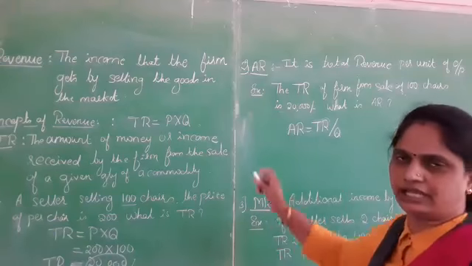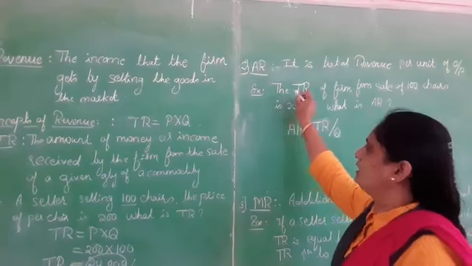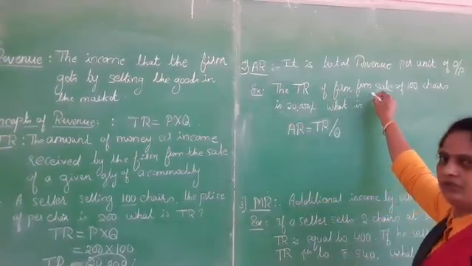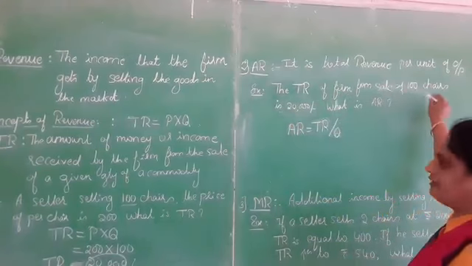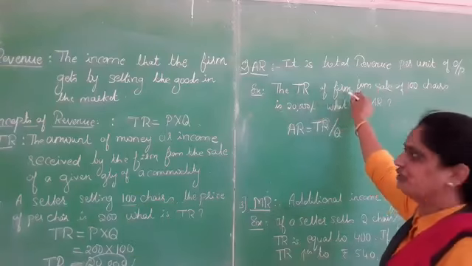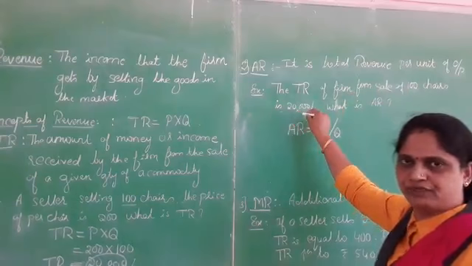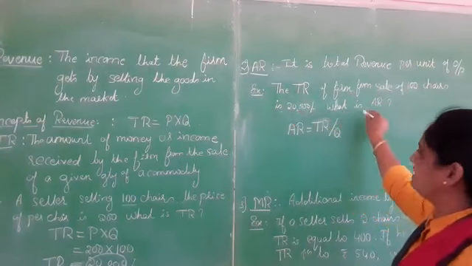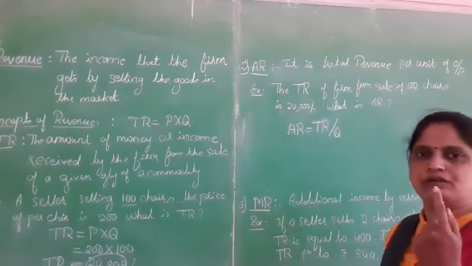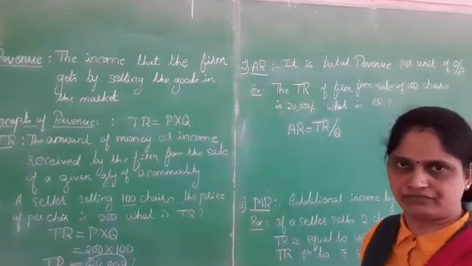Again I have taken a question. After selling 100 chairs, the total revenue of the firm is 20,000. What is the average revenue? Find the average revenue, the price of a single chair.